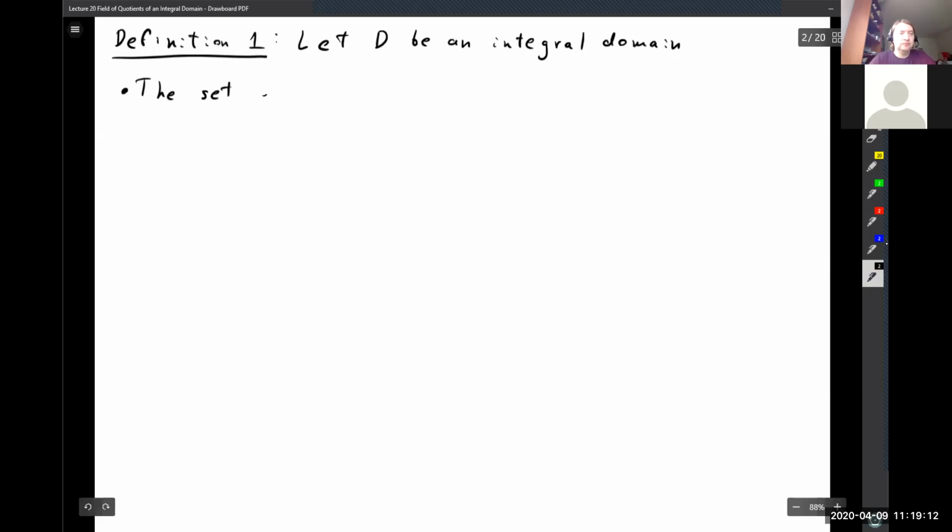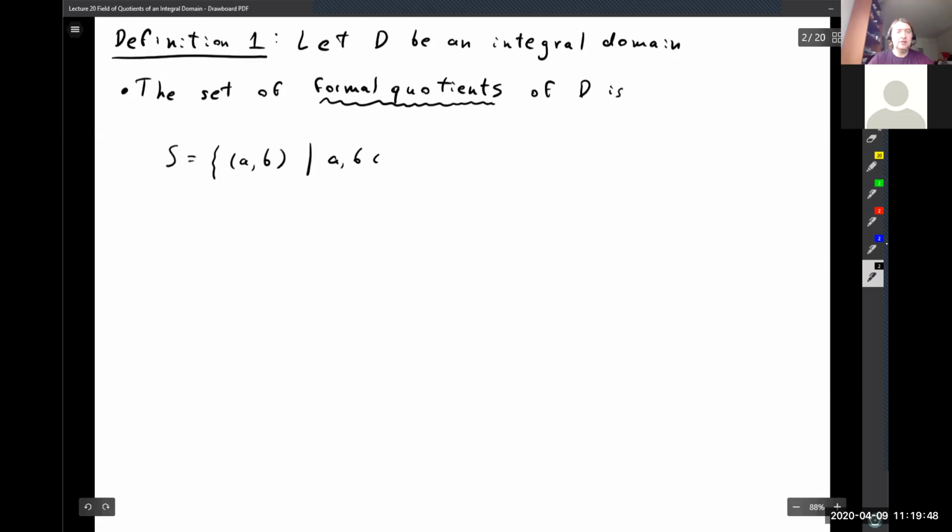The set of formal quotients is precisely the set of pairs of elements A, B, both elements in D, of course. And of course, we require that B is non-zero.